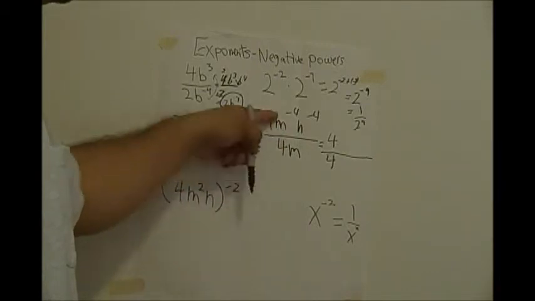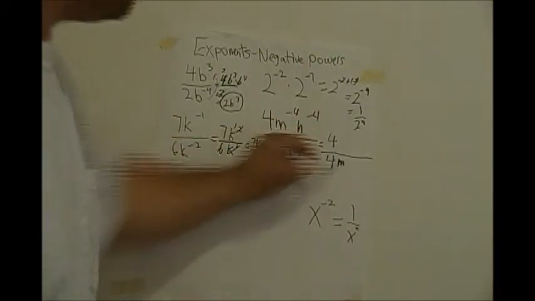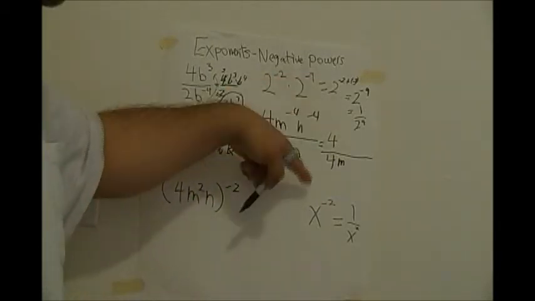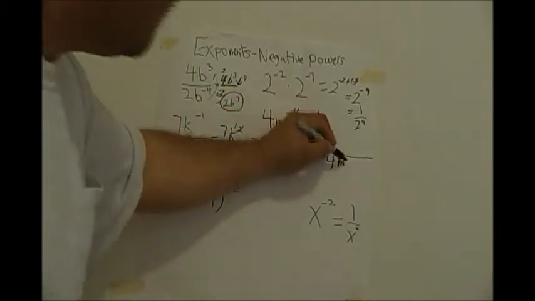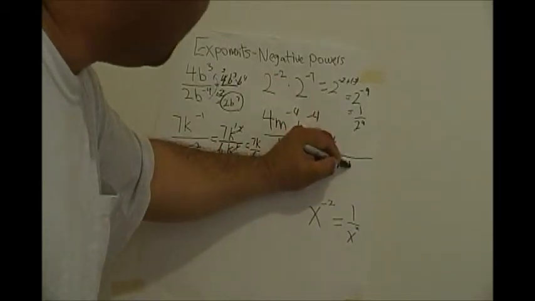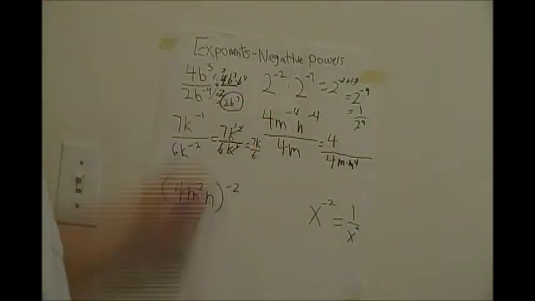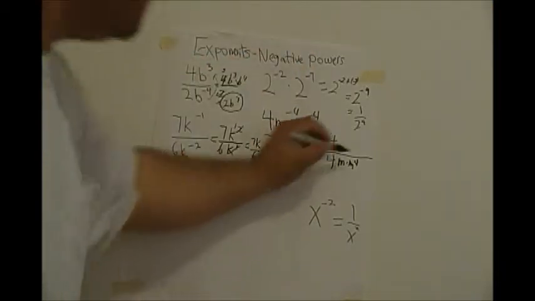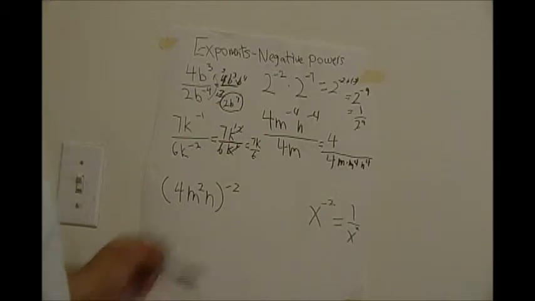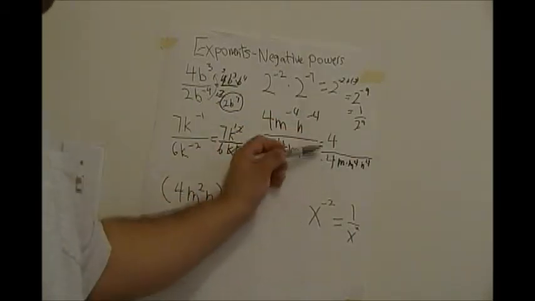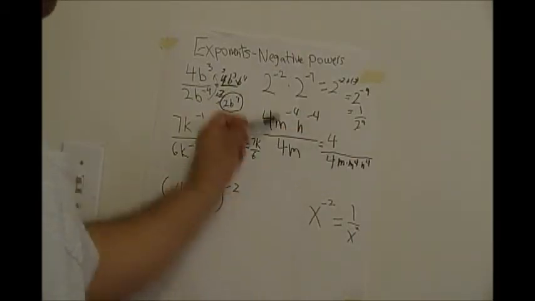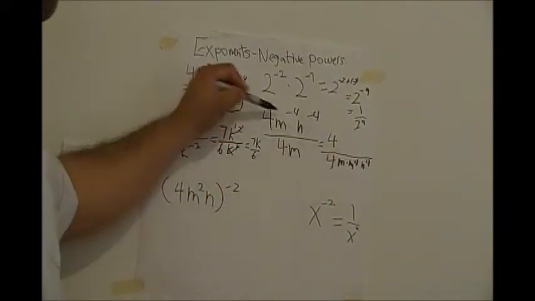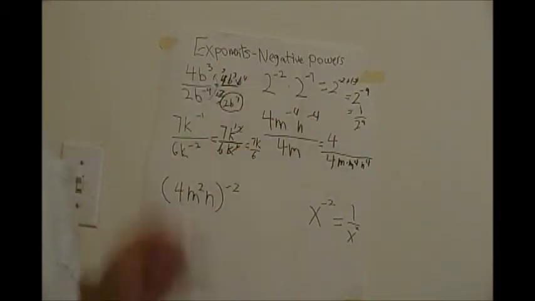Alright, so we have an m here. Let's bring this m to the -4 to the bottom, okay? So that becomes m times m to the 4th, right? This n to the -4, we can bring that to the bottom too. It becomes n to the 4th. So we're going to have 4 over 4m times m to the 4th times n to the 4th, because we brought these negative powers down to the denominator.